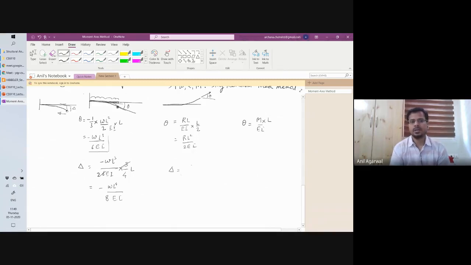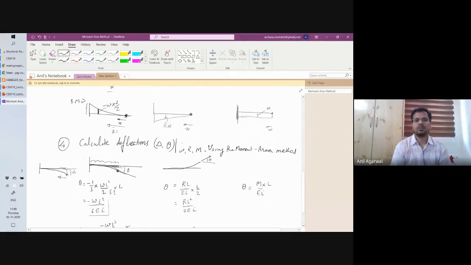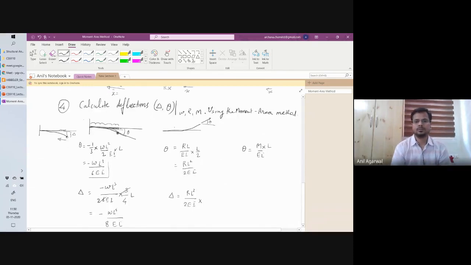Here, the delta will be again, the value written for theta is basically the area already. So that is this area multiplied by the first moment. The first moment means I have to multiply with the lever arm here. The distance here is how much? 2 by 3 L, right? What do I get? 2 and 2 cancel out. R L cube by 3 EI.